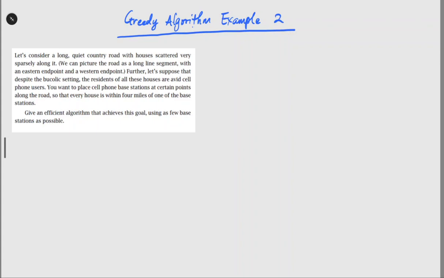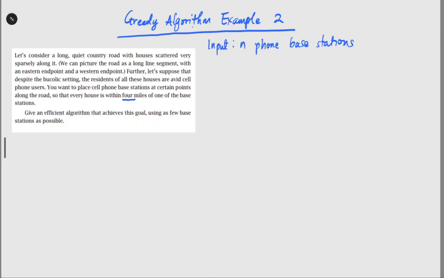So for this question, let's start with the inputs. What are your inputs? So I would say we have n phone base stations to be placed along the road, right? And we want every house along the road to be within 4 miles of a phone base station.